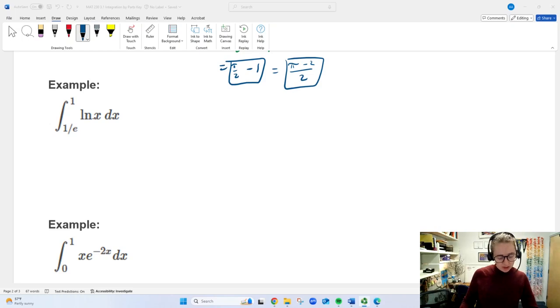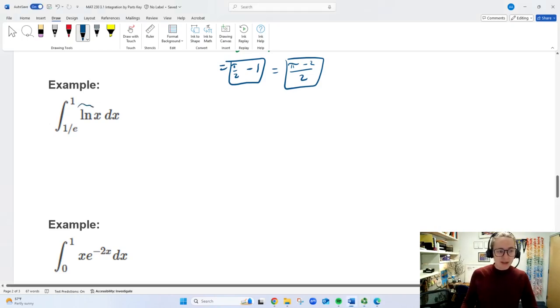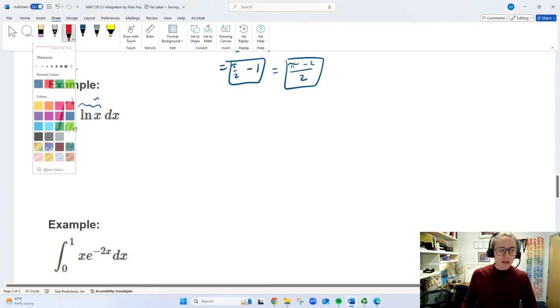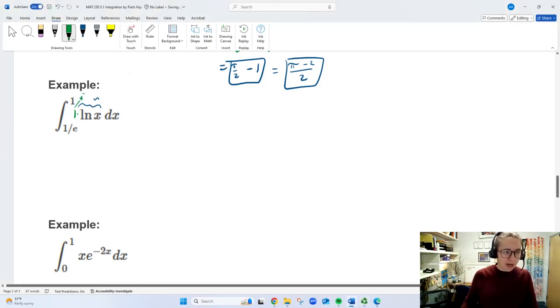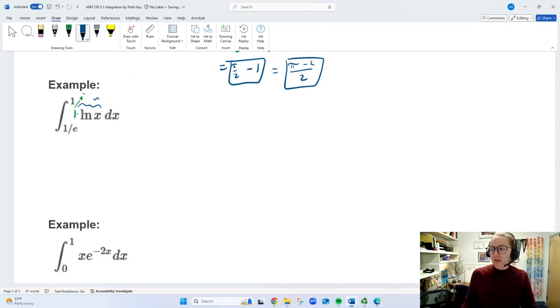So I'm going to treat this ln of x as if it was my u, which means that my v prime is going to be this invisible 1 that's just in front of it. And why we have a 1 there is it's kind of like a placeholder.